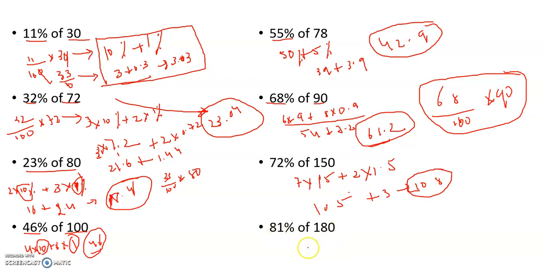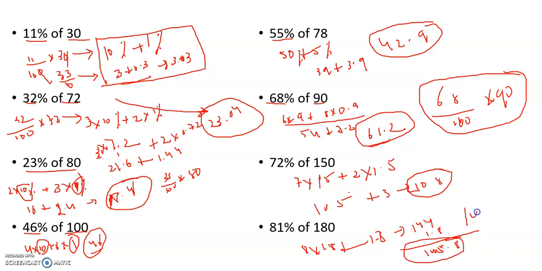And 81% of 180: 8 into 18 plus 1.8. 8 into 18 is 144, and here it is 1.8, so 145.8. This is a short trick which you can use to calculate percentages quickly.